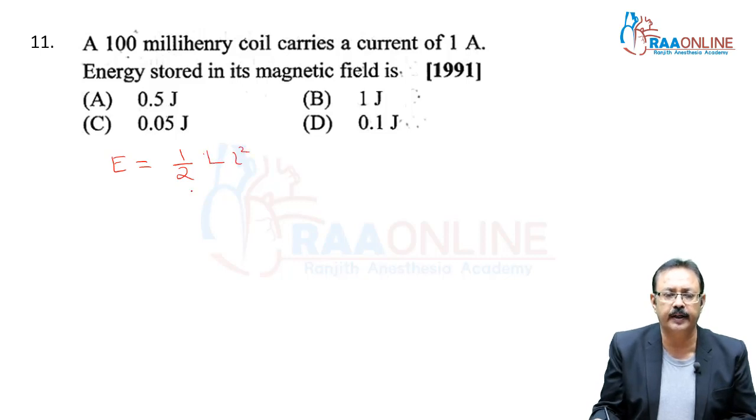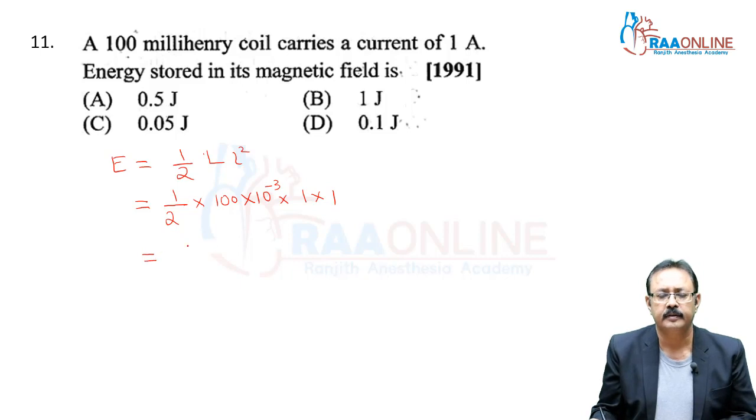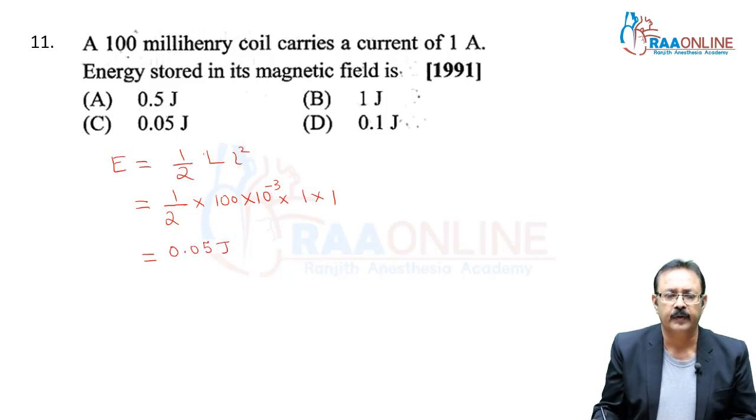Only we have to take care of units. Unit of L is millihenry, means 10 to the power minus 3. What is current? 1 ampere, square of 1 is 1. So what we are getting? 2 zero cancel with 2, 1 by 2 means 0.5, so it will become 0.05. So we are going with C option.